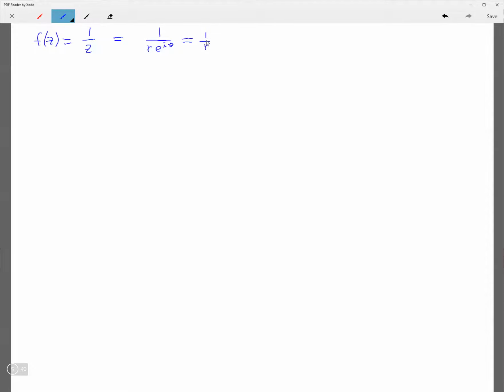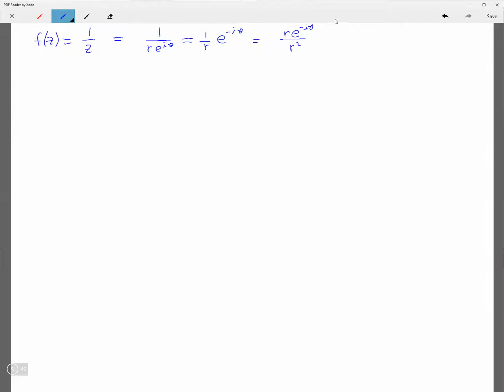So this 1 over r is right there, and e to the i theta in the denominator is the same as having an e to the negative i theta in the numerator. And if you wanted, we could put that r e to the negative i theta there, and then we would have r squared in the denominator. So 1 over z is the same as this.